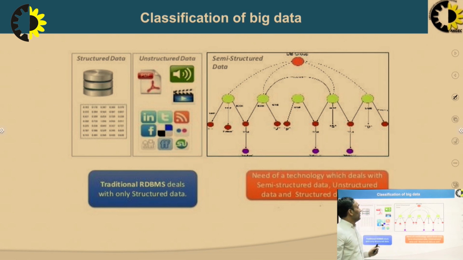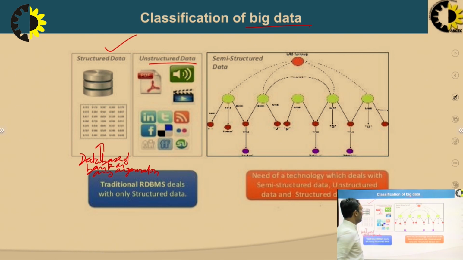Now, it is basic to know in which categories big data is categorized. It is generally categorized into 3 parts. First, known as structured data. If we talk about the database of a bank or any organization, that comes into the category of structured data.